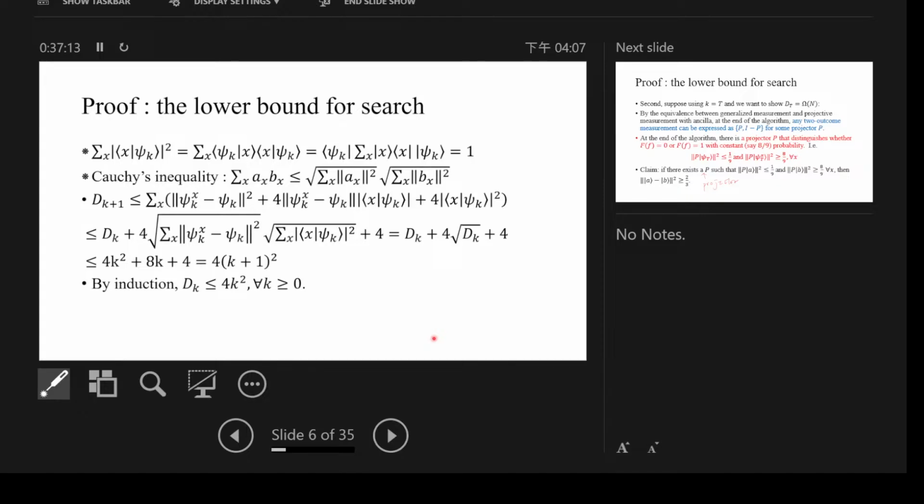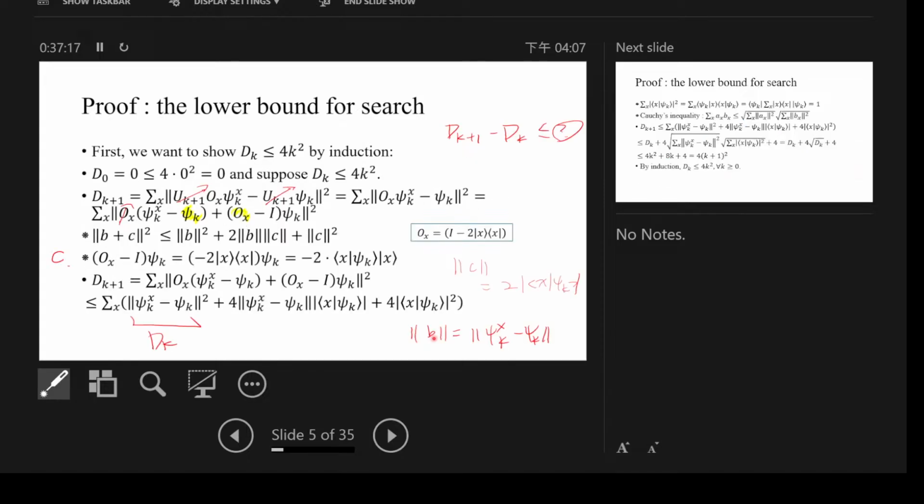But anyway, that's the high level idea, and let's see how we do this. We need to be a bit more careful. We don't actually directly calculate this. We go back to our induction. So you see that this is dk, and this part is also kind of like dk.